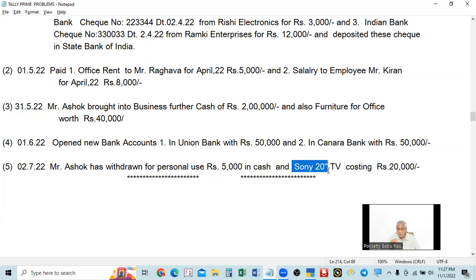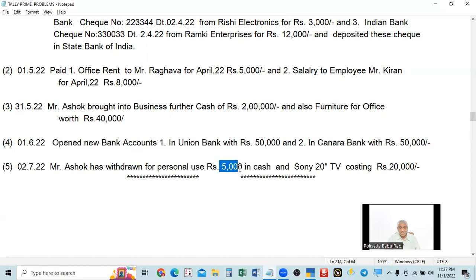That is, it is to be reduced from the purchases, since drawings are made by the proprietor from the goods in the business. That is why this Sony TV is to be credited to purchases.